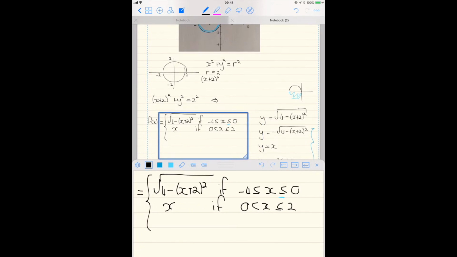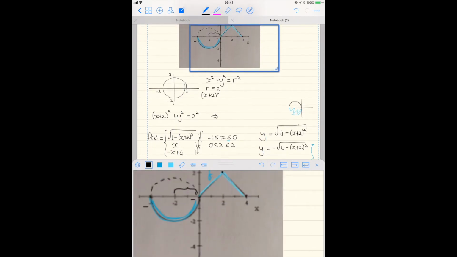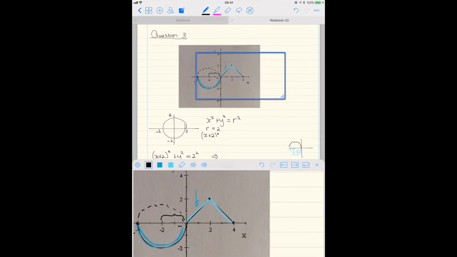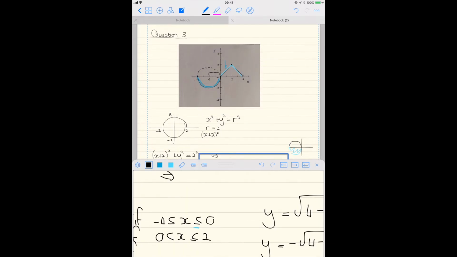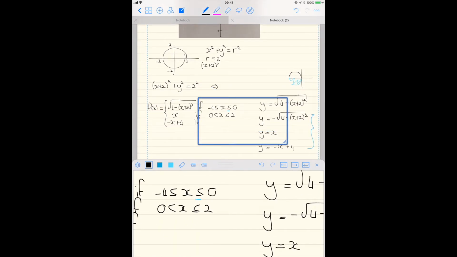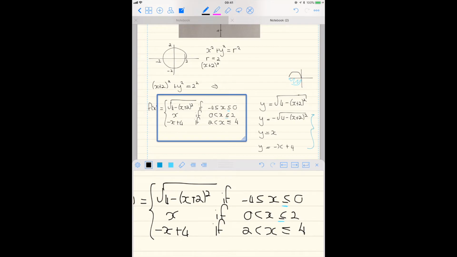And then for the last part, we're going to have minus x plus 4, if x is between 2 and 4, and here we're going to exclude 2 because it was included there. 2 is smaller than x, which is smaller or equal to 4. And then that is your piecewise function.